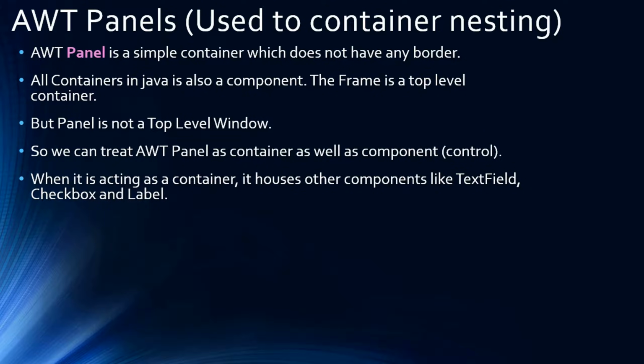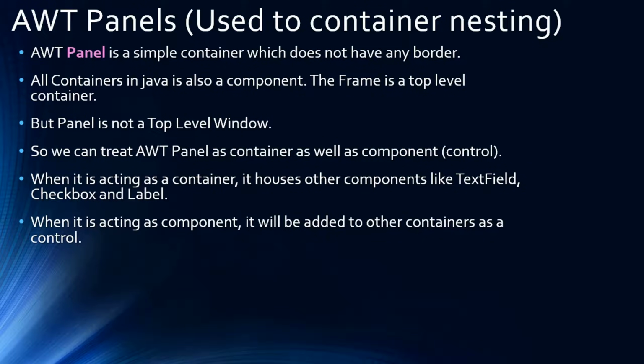The same way, we can add these text field, checkbox, and label to a panel when it is acting as a container. Since it is a container, it can also employ a layout manager, and that layout manager manages how to arrange these components. Alright, so that's the role of a panel acting as a container.